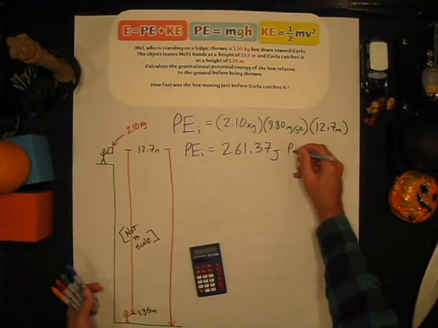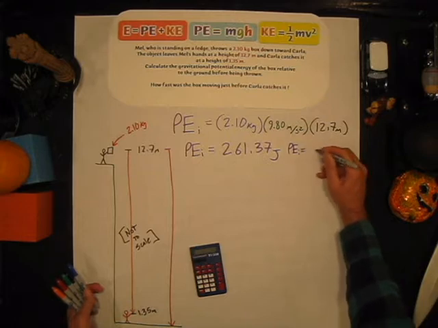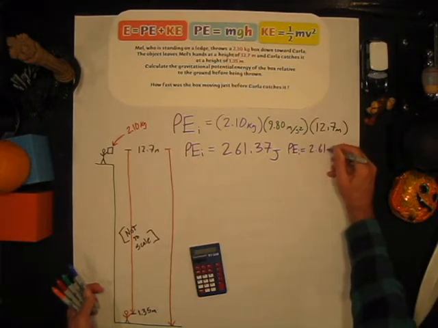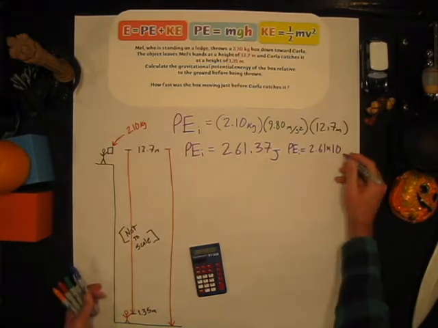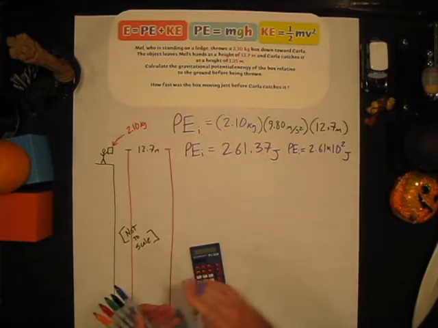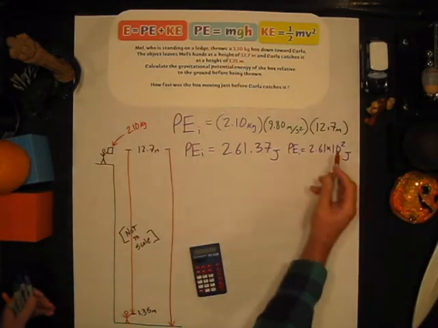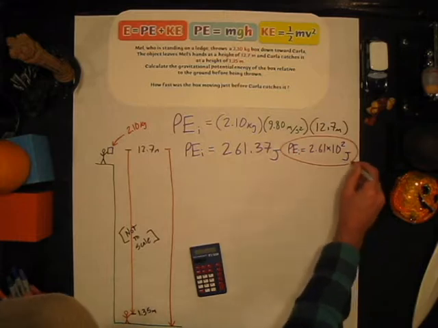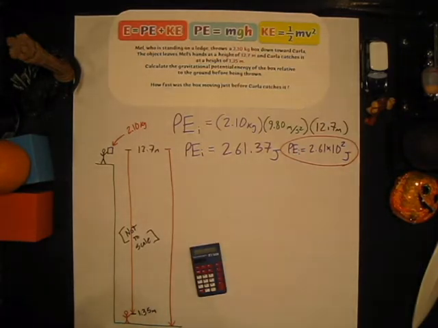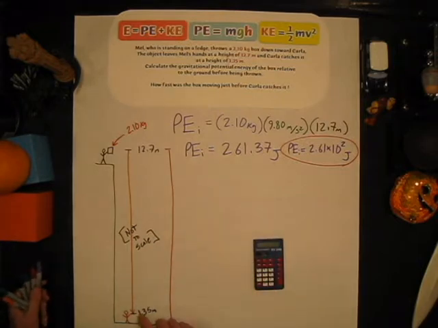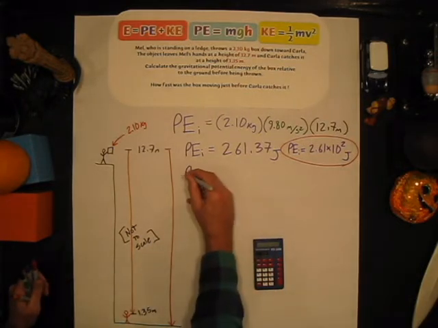PE initial equals 2.61 times 10 to the second joules. That would be my first answer. Now what we need to do is figure out what the potential energy final is going to be.